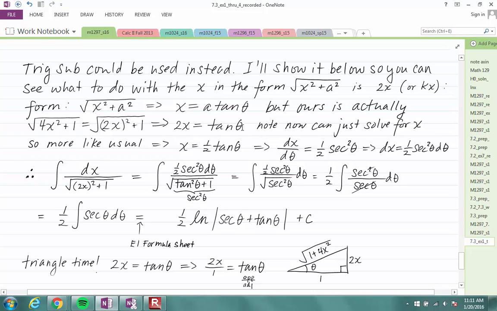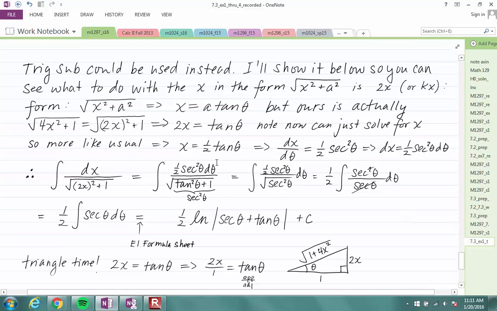So that's how you handle it there. Then you do want to make a substitution for just x, so that involves dividing by 2, and so you're going to put in 1/2 tangent theta for all your x's. You find your dx the same way by taking the derivative of that and plugging that in.